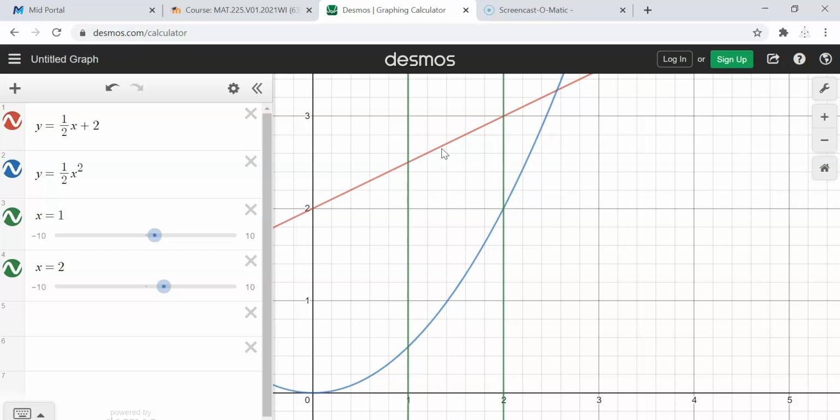So if I look at the area under the line, it's going to be the total area from the line down to the x-axis. And if I look at the area under this parabola, it's the area from the parabola down to the x-axis.